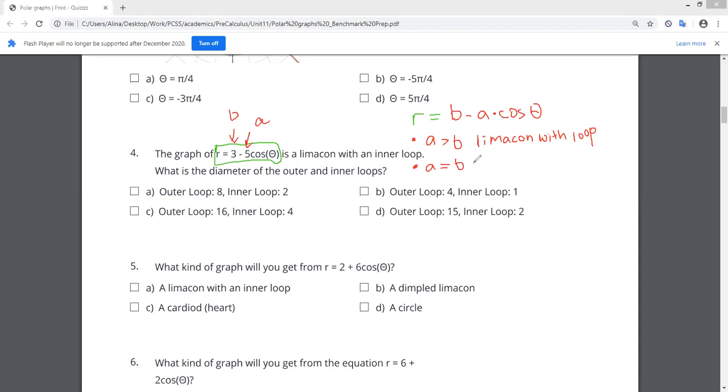It's my favorite shape, it's a cardioid. And if the inequality is the other way, if a is less than b, you get a dimpled limaçon. And Ralph called it an apple, which I like.